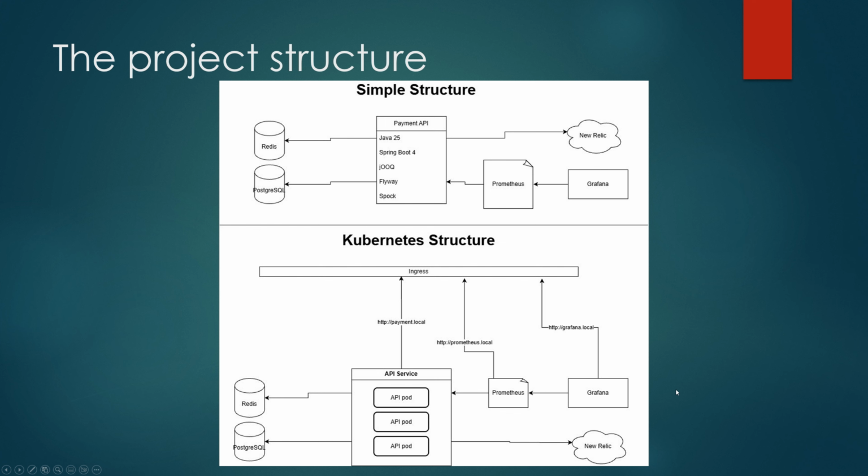So we are gonna get out of this simple structure, and we're gonna have something similar to this. Okay, so now instead of having only one API, we want to have the possibility of getting only one API or maybe more APIs.